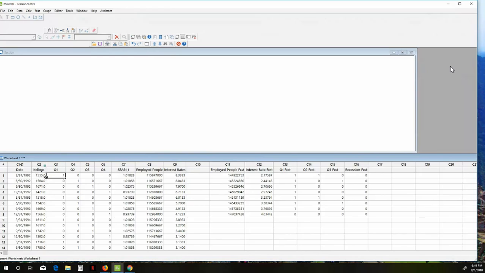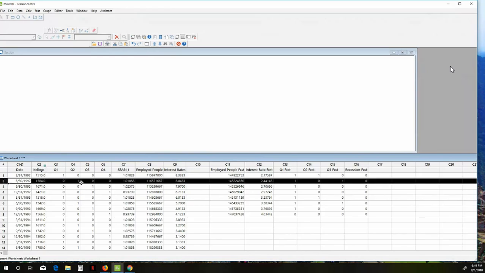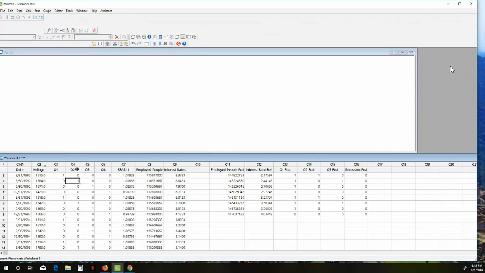So if we do that for the first quarter, second quarter, you can see that 1 follows under the column of Q2, and the third quarter, 1 appears there, and the fourth quarter, 1 appears there. What we've done is we've created a series of events that are related to the dates, nothing else. And we can capture that in terms of seasonality, right?